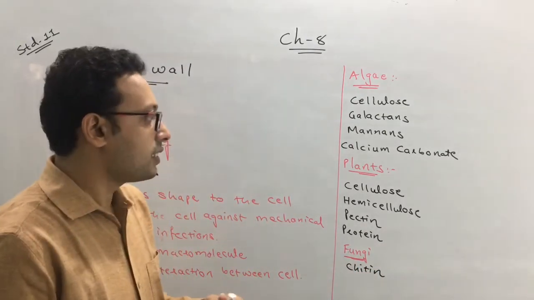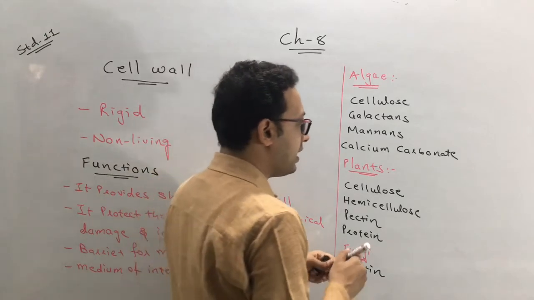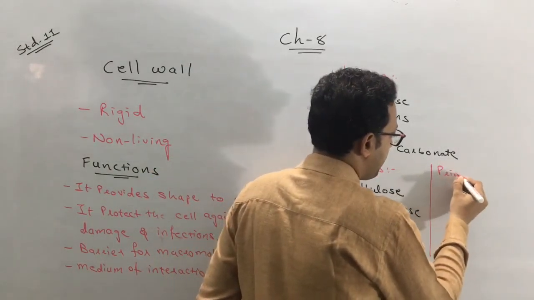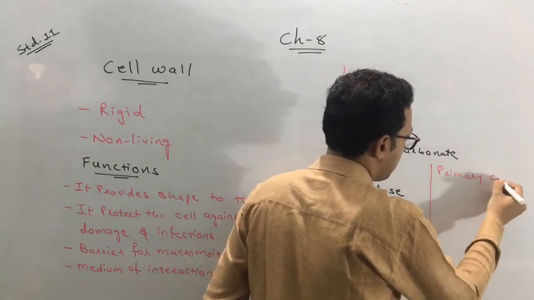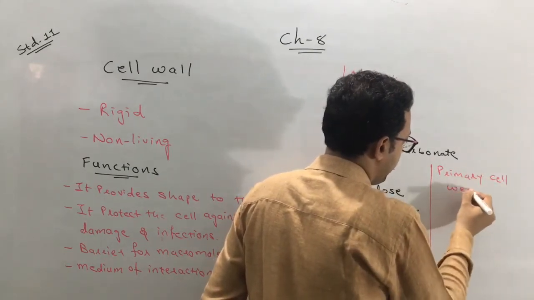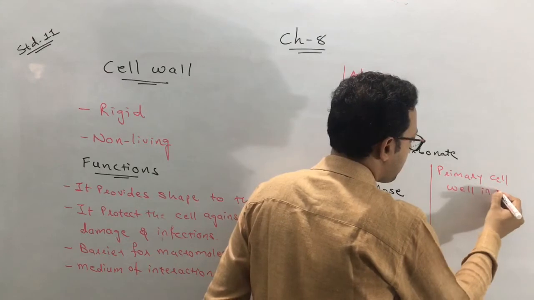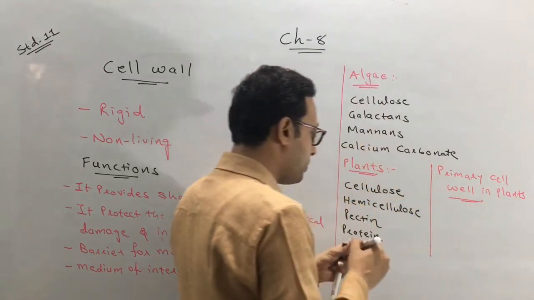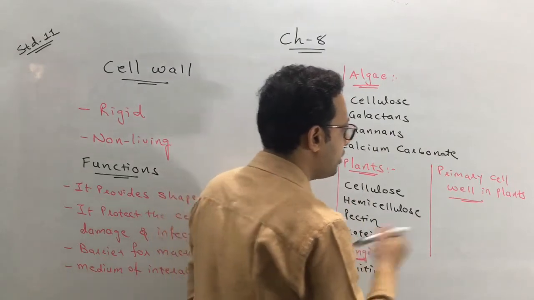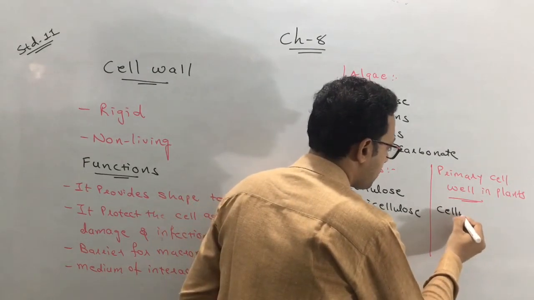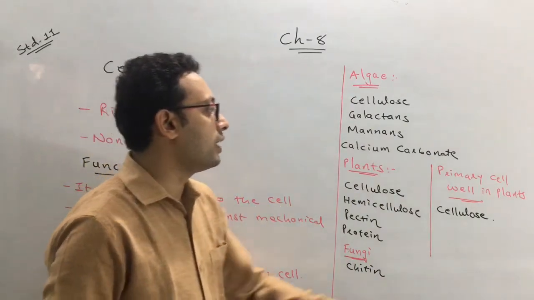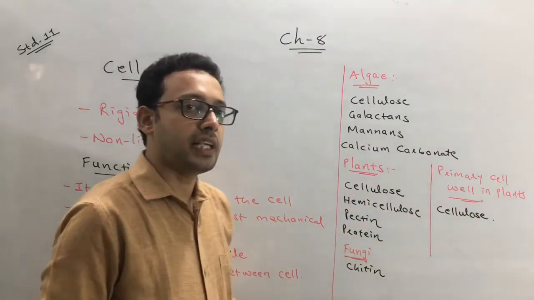Next, in plants, the primary cell wall is made up of just cellulose.